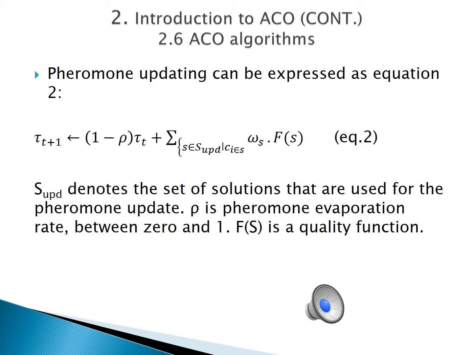Pheromone updating can be expressed by the following equation, Equation 2 below. S_upd denotes the set of solutions that are used for the pheromone update. Beta is the pheromone evaporation rate between 0 and 1. F is the quality function.